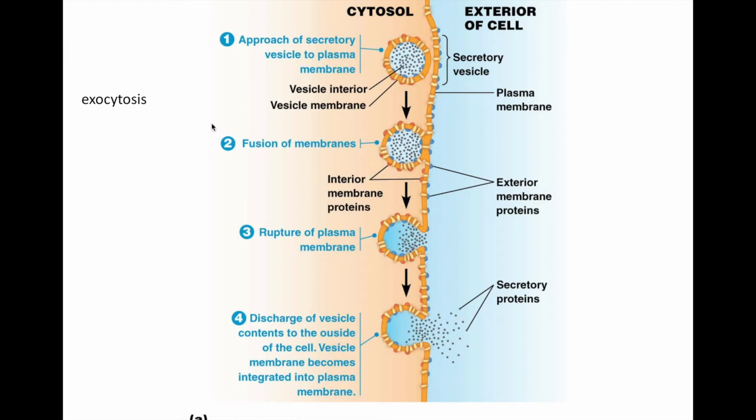So at the cell membrane, what happens is you have the secretory vesicle. In the electron micrographs, they call these zymogen granules. They are packed full of proteins, and they have membrane-bound proteins in the membrane itself. They're going to fuse with the plasma membrane.